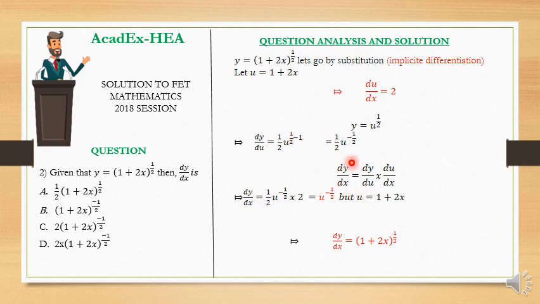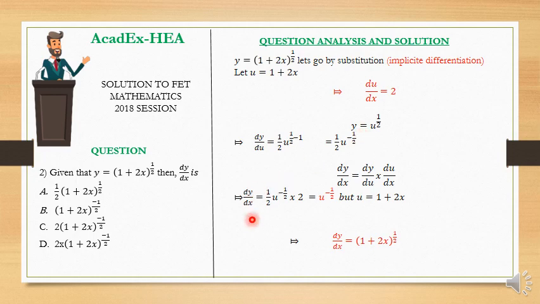Alright, so you need to master this if you have no idea about it. So dy dx is given by dy du times du dx. We have du dx here and we have dy du here, and we're simply going to multiply.